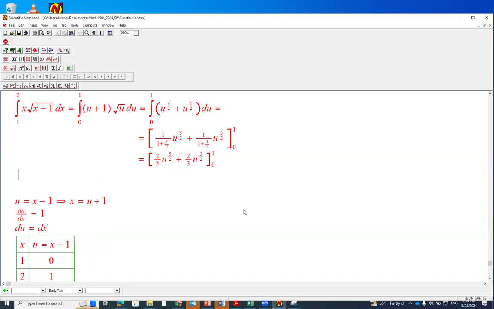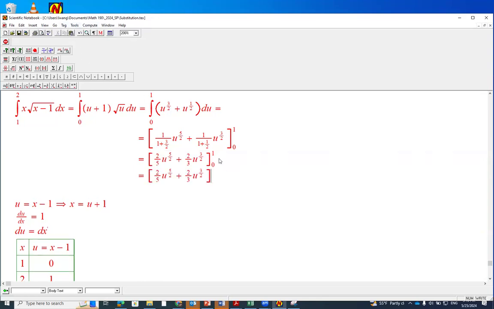Now we're ready to substitute. One bracket subtracting the next bracket. The first bracket will be substituted by 1, so replace u by 1, and the other one replacing u by 0.